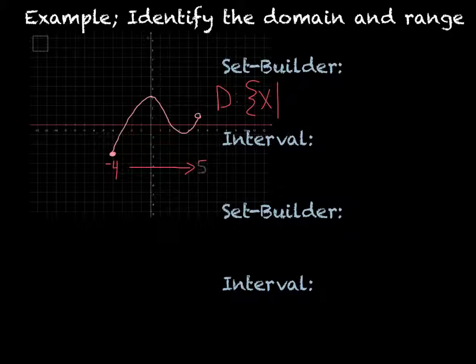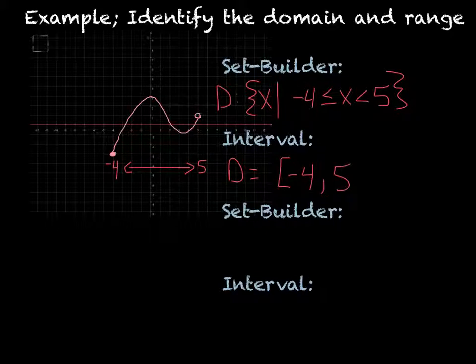It looks like 5. But it's an open circle on 5. So what that means is negative 4 is less than or equal to x, which is less than 5. And then end your set. Interval notation of this, the domain is equal to square bracket around the negative 4, because it's including the negative 4, up to 5, with a parenthesis around 5 because we are not including 5.